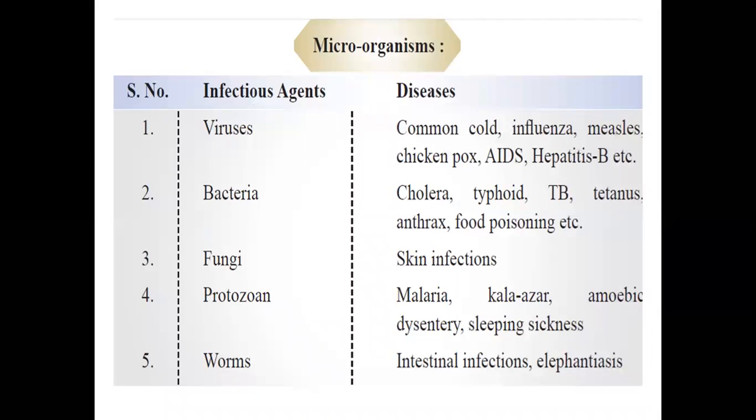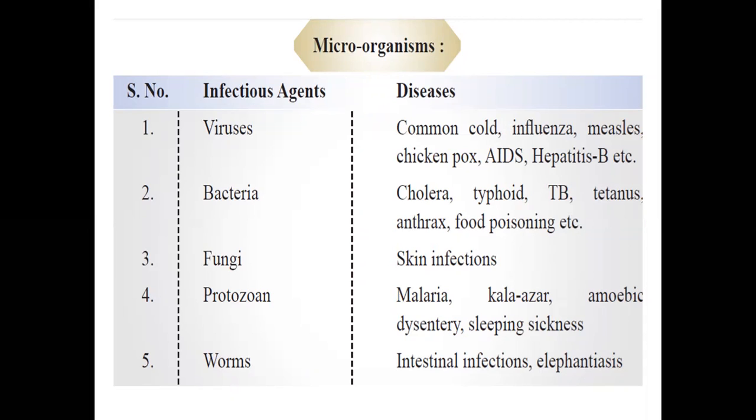Next, there are some infectious agents and diseases given here. One by one we'll discuss. Viruses, what exactly do they cause? They cause common cold, influenza, measles, chickenpox, AIDS, hepatitis B, etc. When you talk about bacteria, cholera, typhoid, TB, tetanus, anthrax, food poisoning, etc. are caused by bacteria. Fungi cause skin infections.